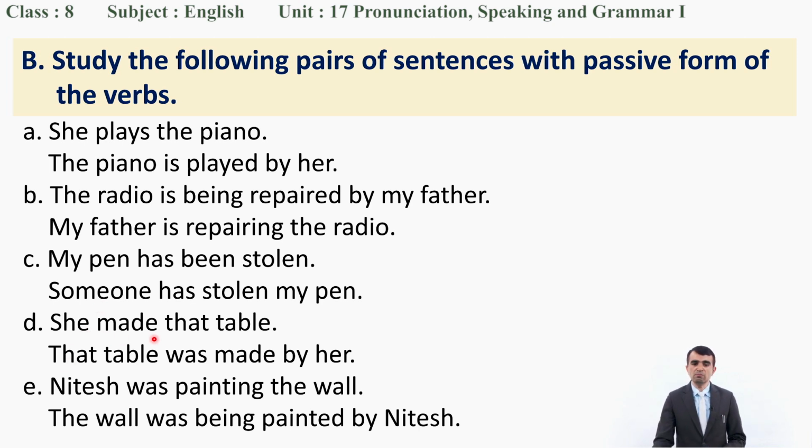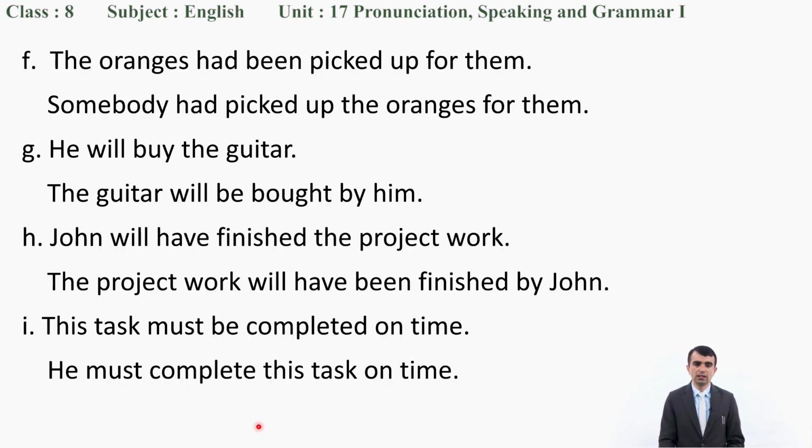D, she made that table. And passive form, that table was made by her. E, Nitish was painting the wall. The wall was being painted by Nitish. That is passive form. Similarly, F, the oranges had been picked up for them. Now, active form: somebody had picked up the oranges for them.